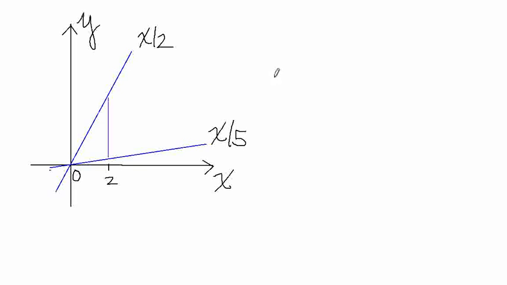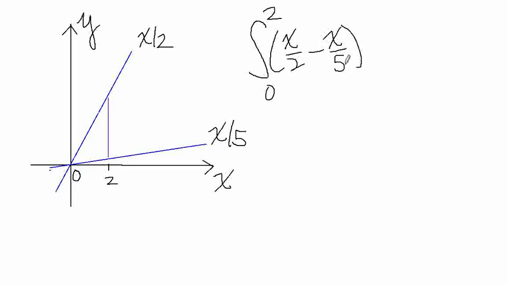So thinking about dividing up that area into rectangles like in the last example, can you see that the area of that triangle would equal the integral from 0 to 2 of x over 2 minus x over 5 with respect to x?